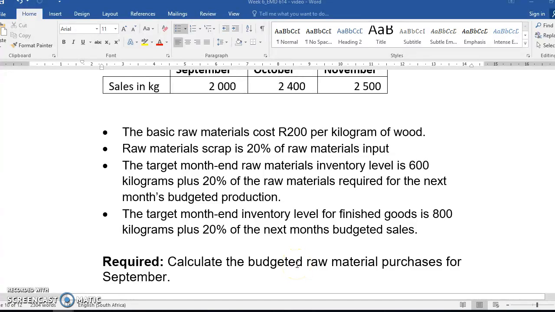As you'll remember from the previous video, we first need to know what our sales demand is, and then we will figure out how much we need to produce. And once we know how much we need to produce in terms of a finished item, we therefore will know how much raw materials we need to purchase in order to have that finished item. And that's really this example.